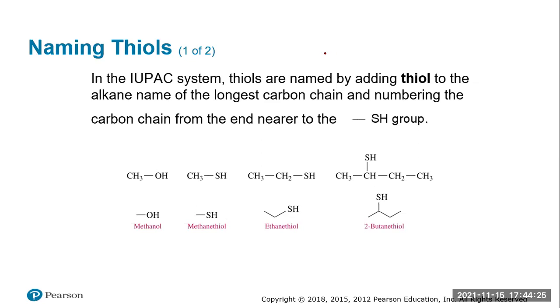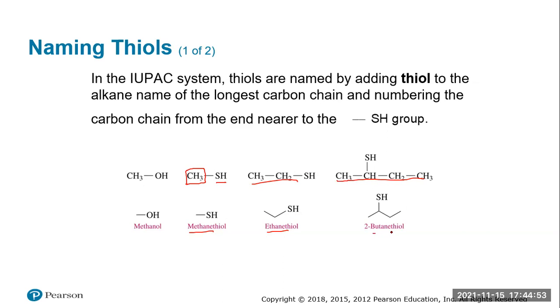How do we name thiols? Simply, you don't have to worry about naming thiols, but one way is to put thiol at the end. This is a methane group, 1 carbon, and we put thiol at the end: methane thiol, ethane thiol with our 2 carbon group, and butane thiol for a 4 carbon group.